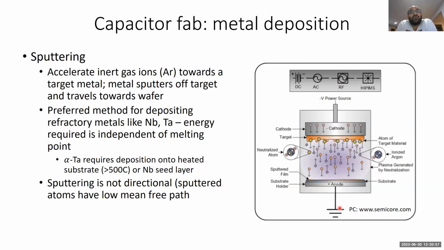The other way, if you don't want to heat your substrate or if you don't have the capability to do so, you can deposit a niobium seed layer. If you just deposit around 5 to 10 nanometers of niobium first, and then deposit your tantalum on top of that, your tantalum will be forced to grow in the alpha phase.